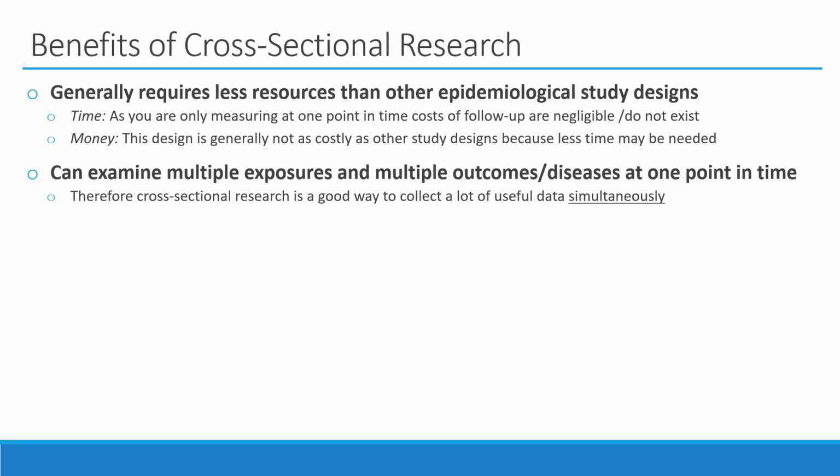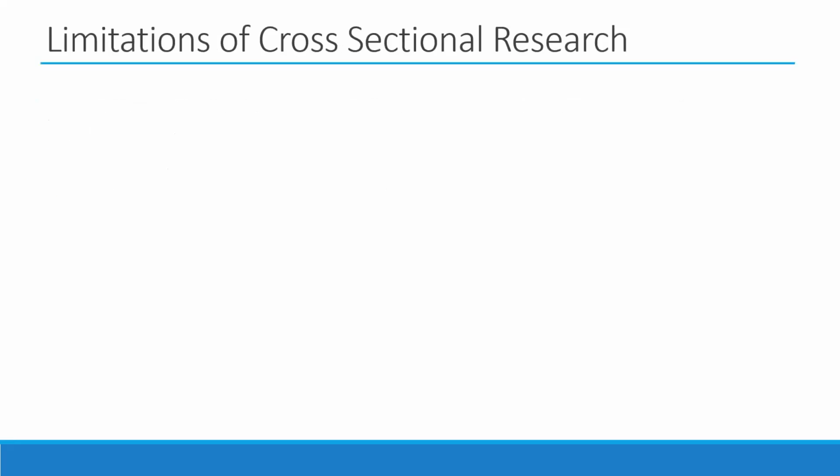So cross-sectional studies are cheap and quick, especially if the data is already available. You can do them relatively rapidly, and you can look at different outcomes and many exposures at the same time, look at associations, so you can generate hypotheses in that way.